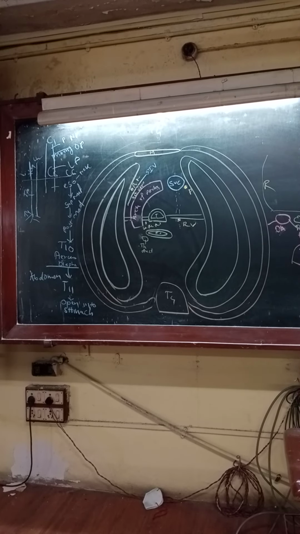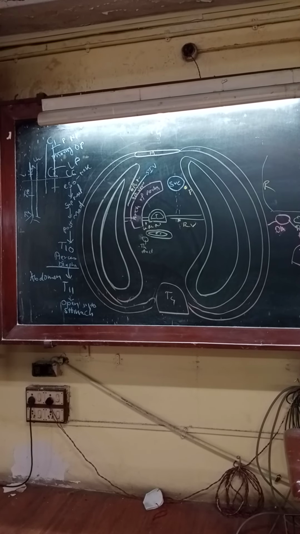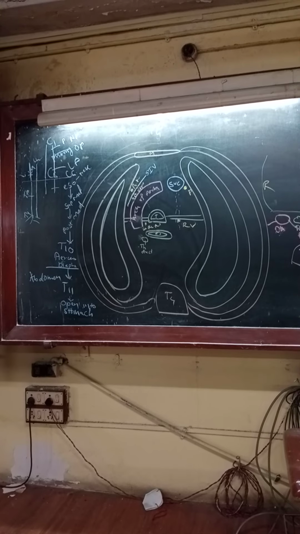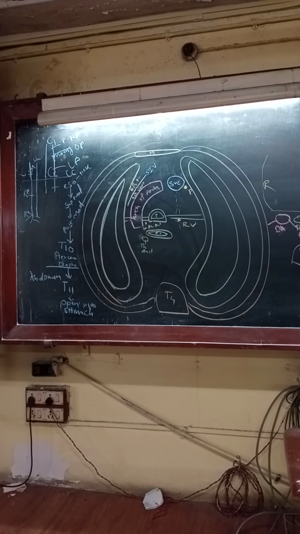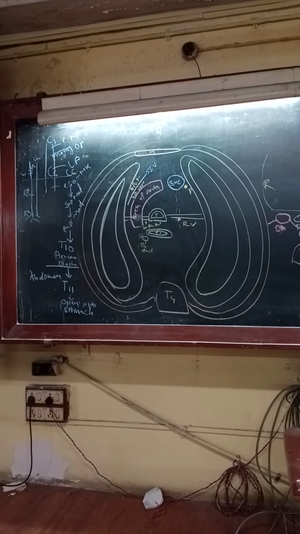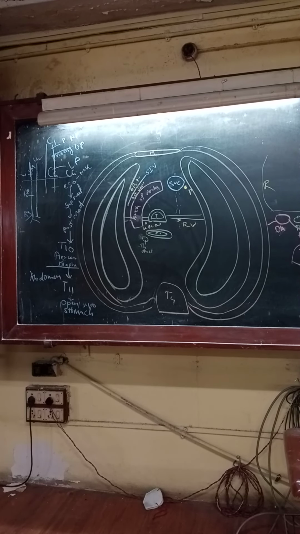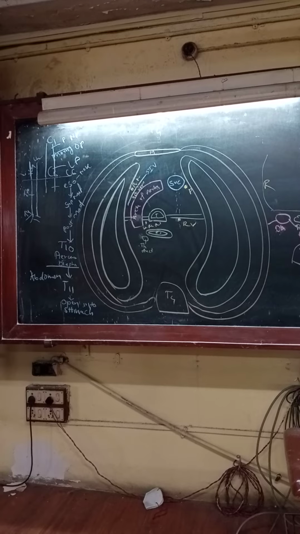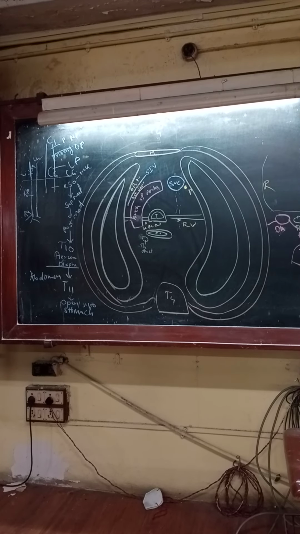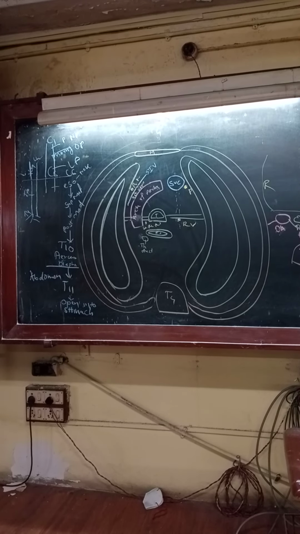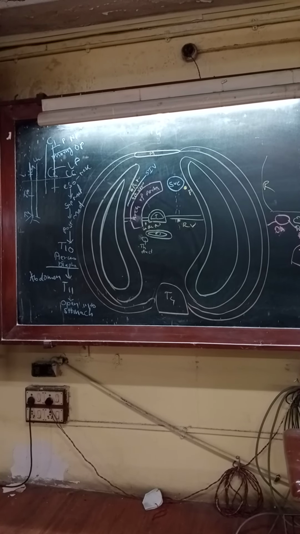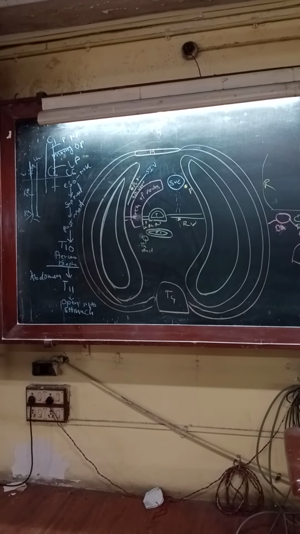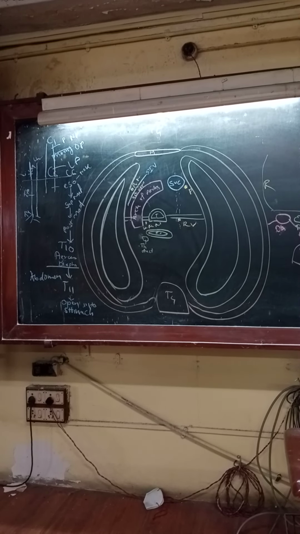So trachea divides at T4. At T4 the middle mediastinum starts, which is pericardium and heart. So the left atrium. And that is the reason that trachea has C-shaped cartilage, because behind it the esophagus is normally collapsed. Whenever the bolus of food goes, it expands.